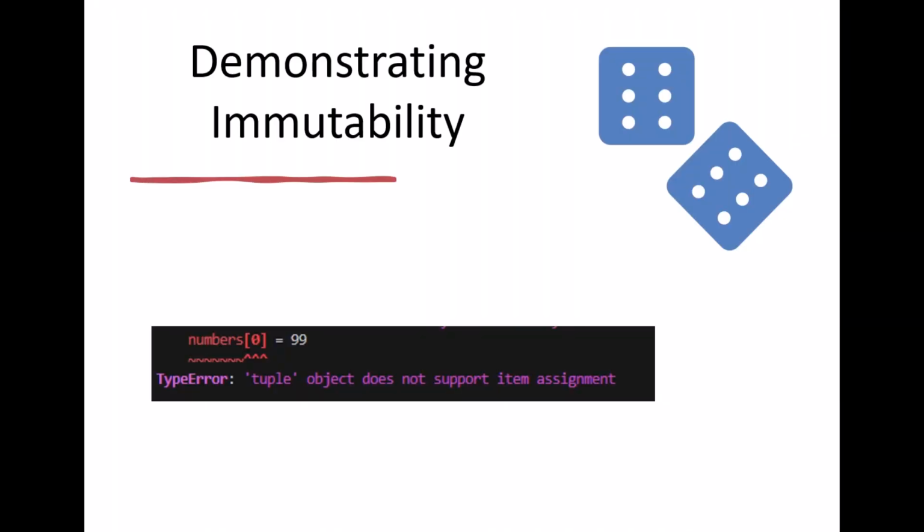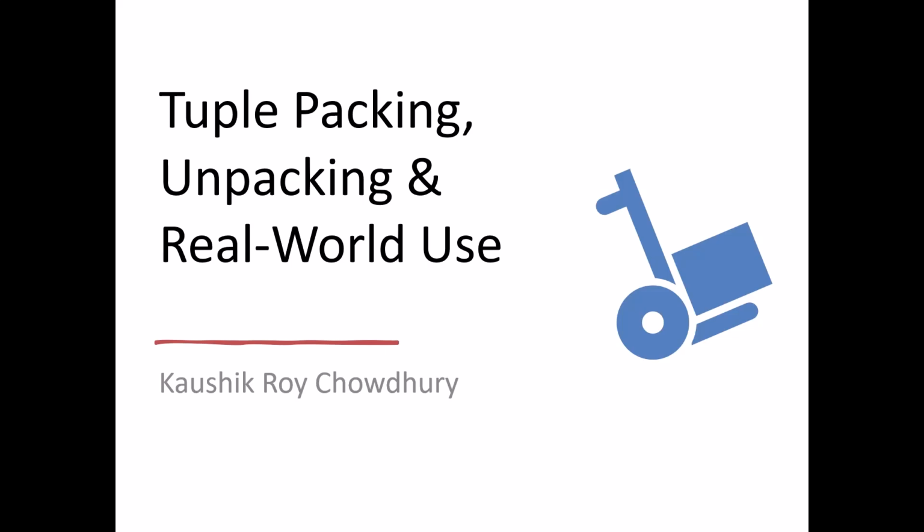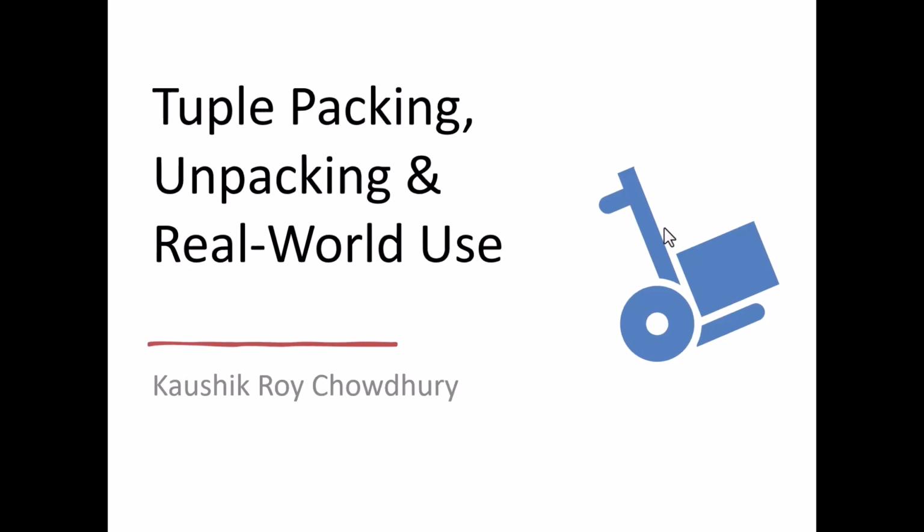Just a quick recap. Tuples are ordered, immutable sequences, perfect for fixed collections of data. In this part of the tuple masterclass, we'll be looking at how to unpack, and we'll be considering some real-world use cases.